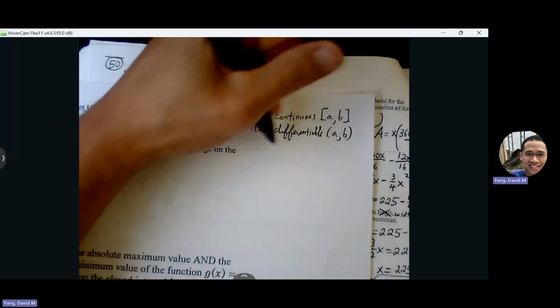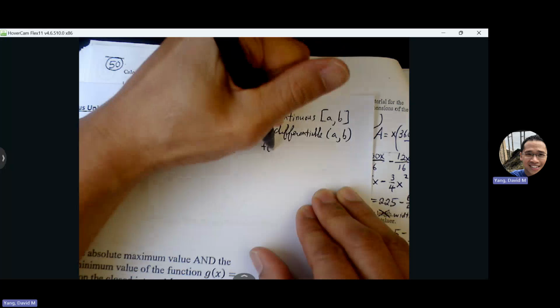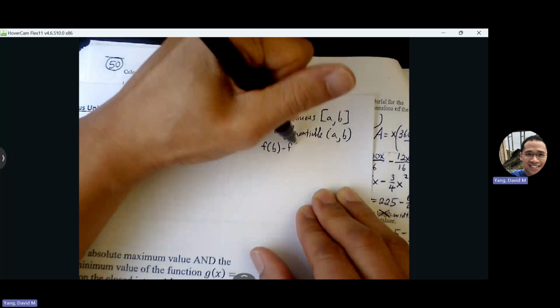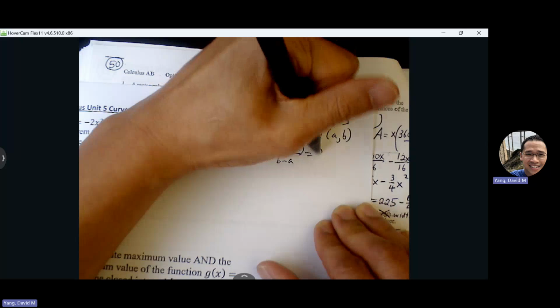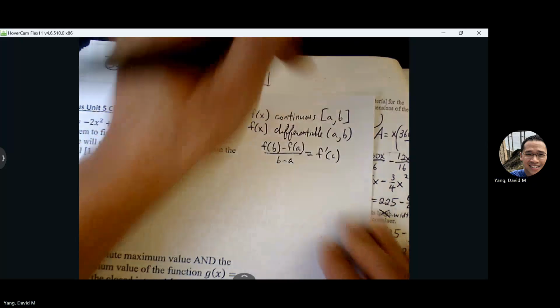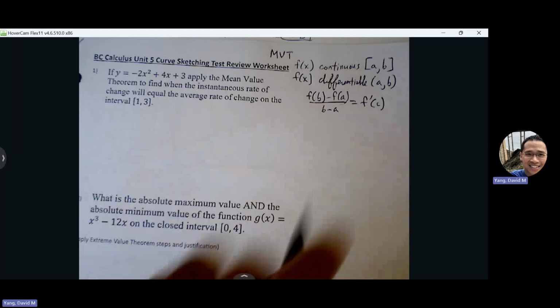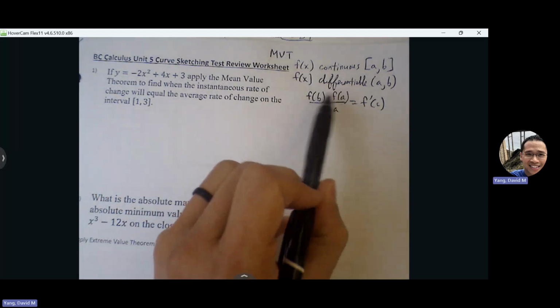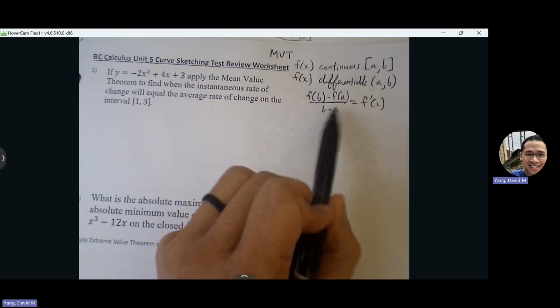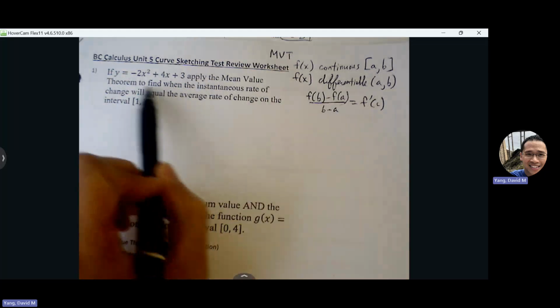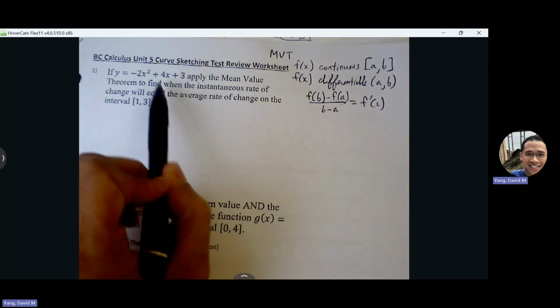And then the formula is this. You're going to find the slope between the endpoints, and then set that equal to the derivative, and then solve for that x value. We're trying to find whatever slope lives between the two endpoints, and where that slope is going to occur on the curve.